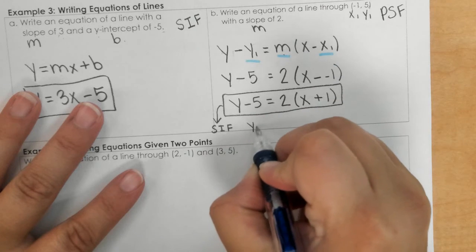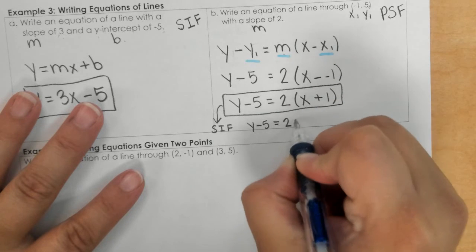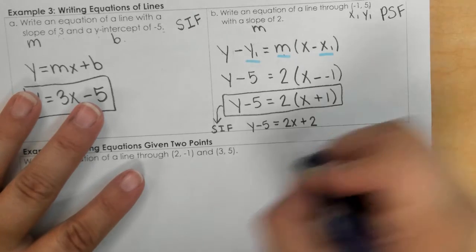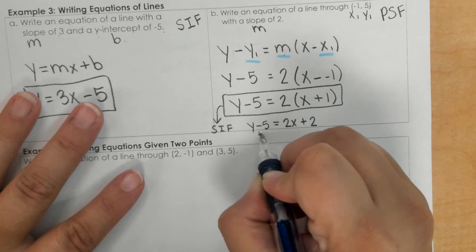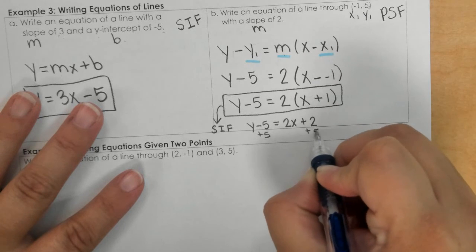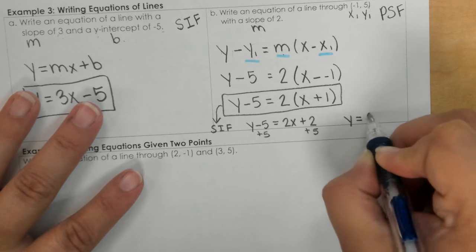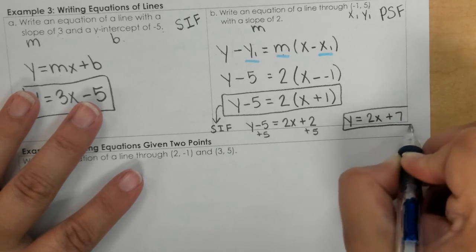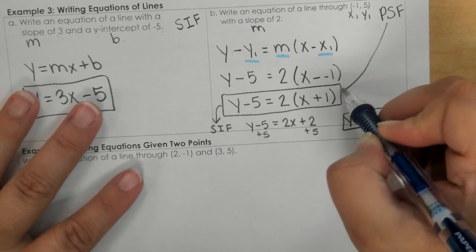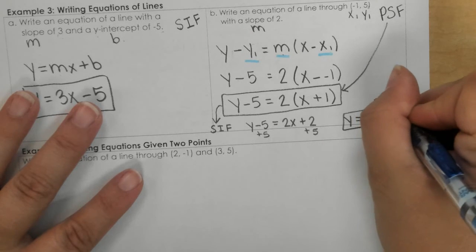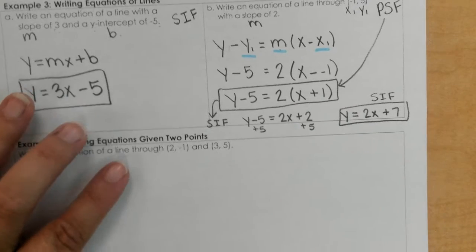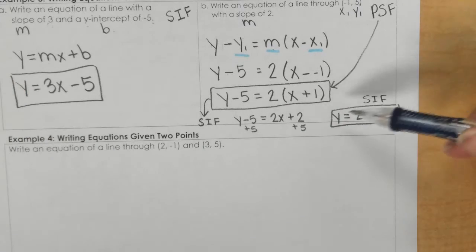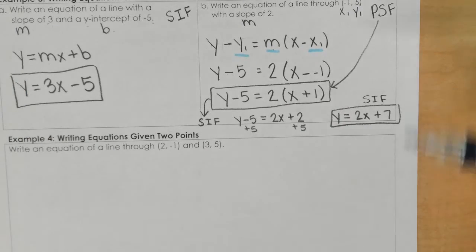So I would say y minus 5 equals 2x plus 2. And then I can add my 5 over to this 2 because it's a like term, and I would get 2x plus 7. So this is point-slope form. This is slope-intercept form. It's really not that hard to transform it, but you do need to know how to do that.